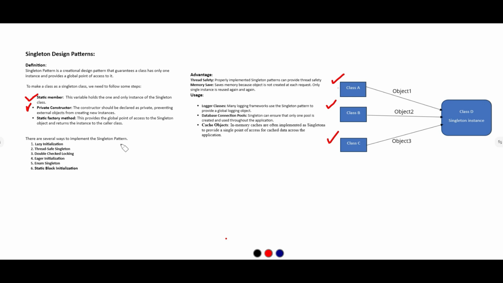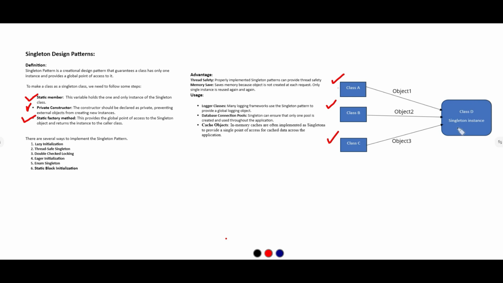So for that, the next step is that we need to specify a static factory method, and that method should be a public method. Inside this class D, we specify a public factory method, and from that public factory method we can call the private constructor, which is possible.